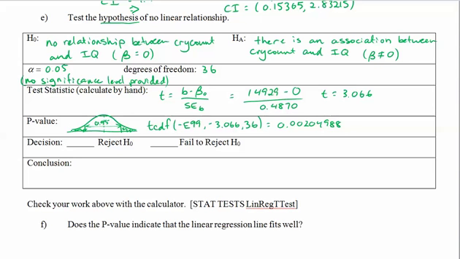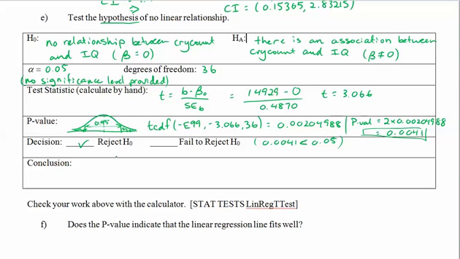So what we need to do then is the p-value equals 2 times 0.00204988, which is then 0.0041. Okay, that value is less than 0.05, and so we are going to reject H naught.